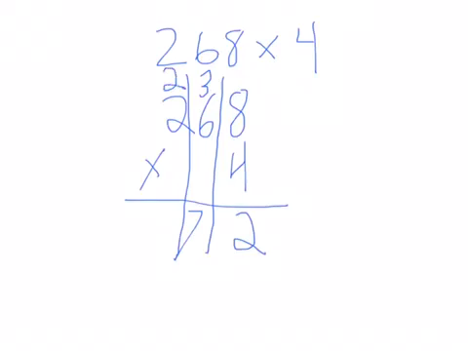And then you do 2 times 4, and that's 8. So plus 2, so that's 10. So you put 0 there. And then your answer is 1,072. Round of applause for Ben. Thank you!